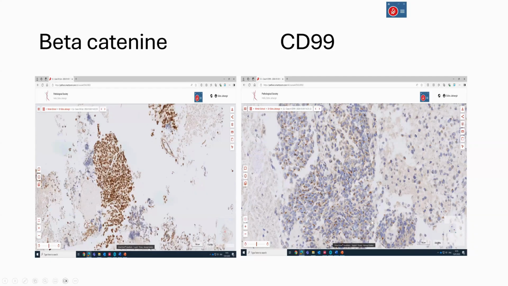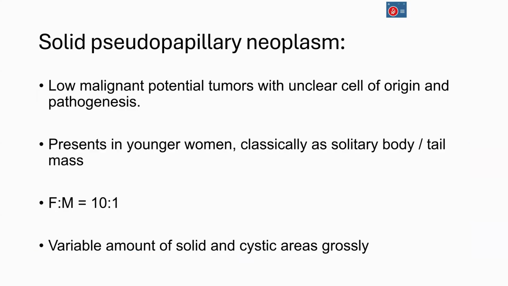We have to prioritize which immuno should be done first, and which is the most relevant immuno to be done on this material, because later on we want to preserve cell block material for the molecular studies. So beta-catenin and CD99 show characteristic expression and positivity, which is helpful for us to come to the conclusion.